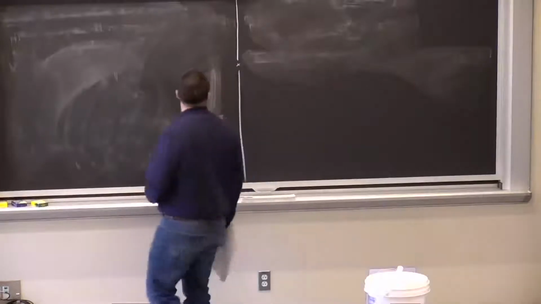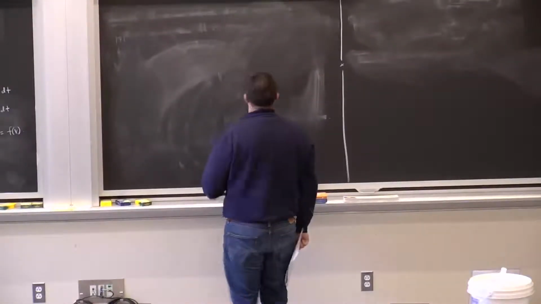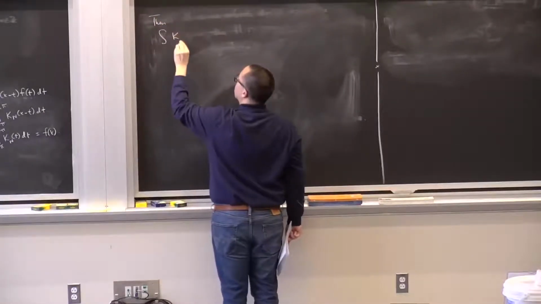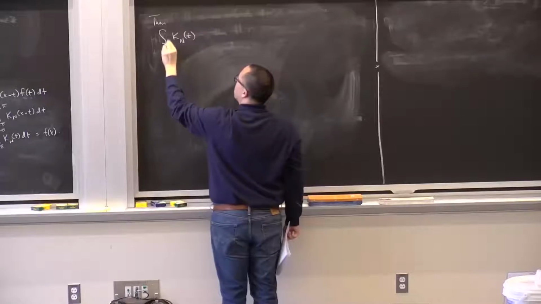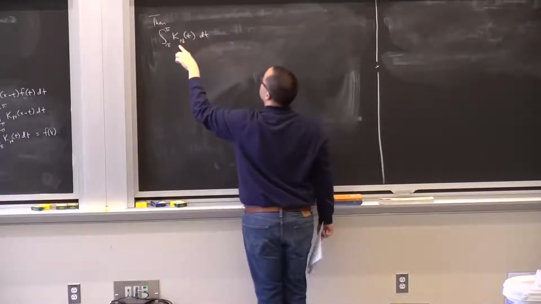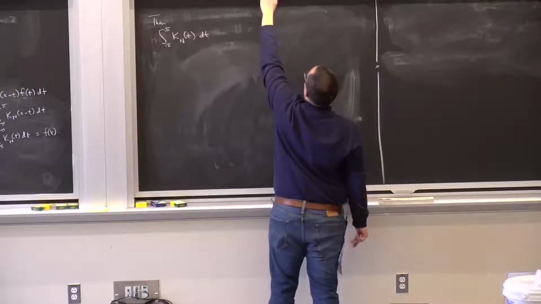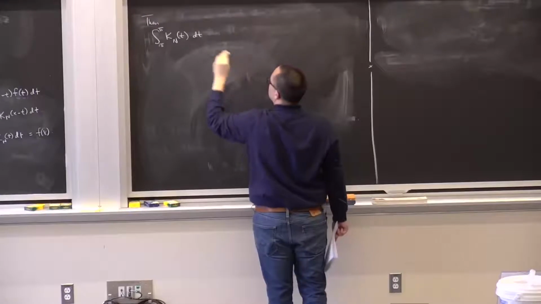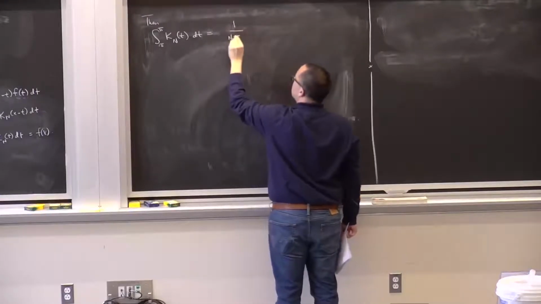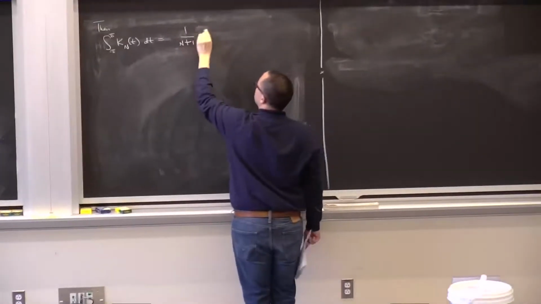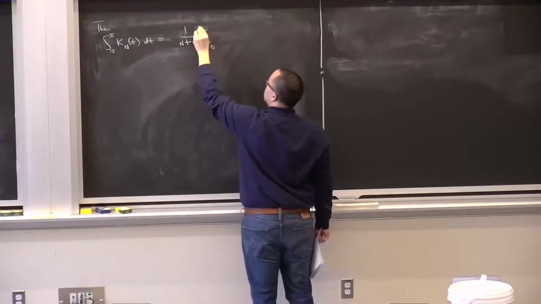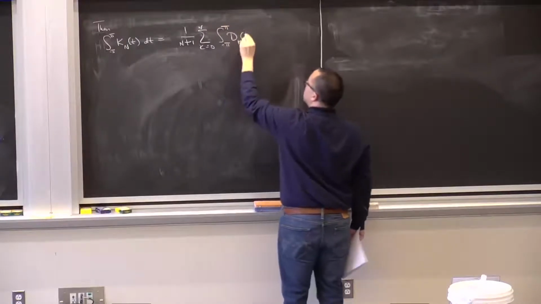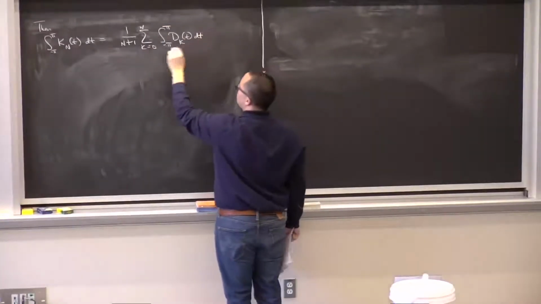So since the integral of each Dirichlet kernel is 1, then the integral of the Fejer kernel, which, remember, is equal to the average of the Dirichlet kernels, and each of these is 1.